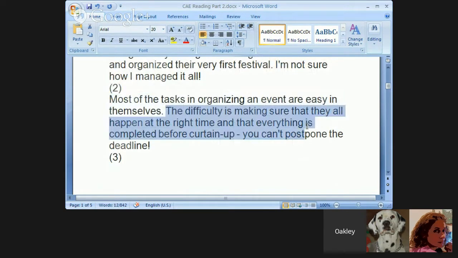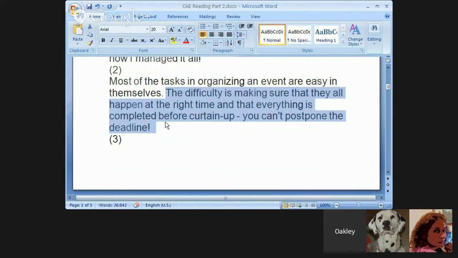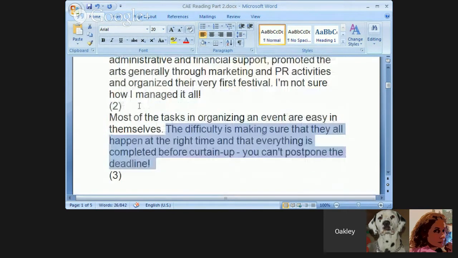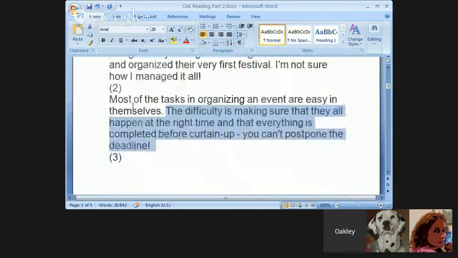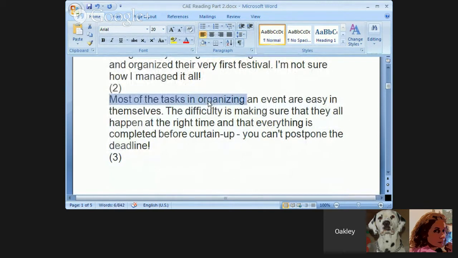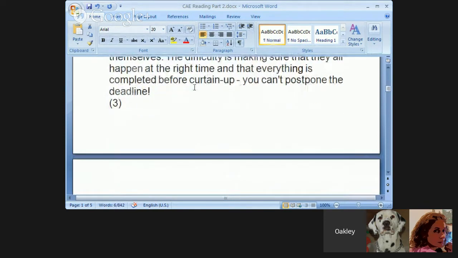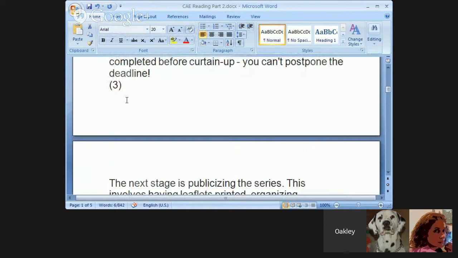The difficulty is making sure they happen at the right time. You can't postpone the deadline. So there you go. I'm guessing it probably has more to do with this paragraph. All right, you can't postpone the deadline. What are you going to say after that?